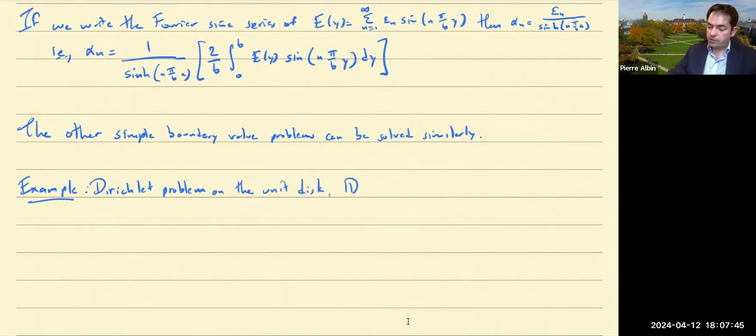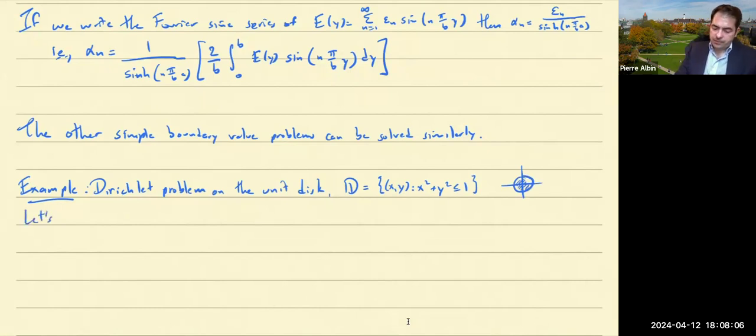The unit disk, I'll denote with this blackboard bold D. This refers to all of the points x, y where x squared plus y squared is less than or equal to 1. So this is in R2. You just have the unit circle and you fill it in.